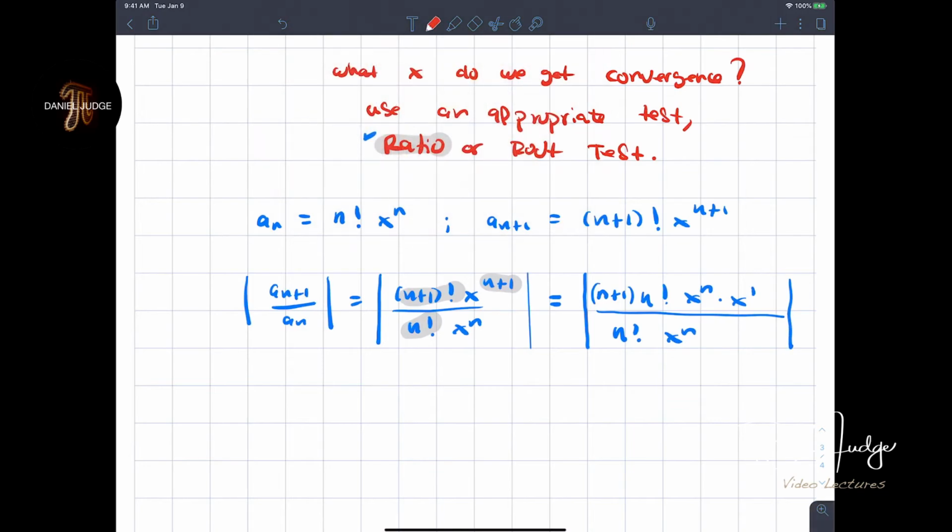So we're going to cancel some things out. n factorial is going away. x to the n is going away. And then you have this equal to n plus 1 times x.